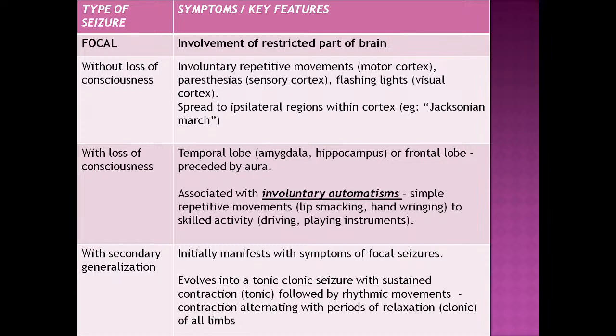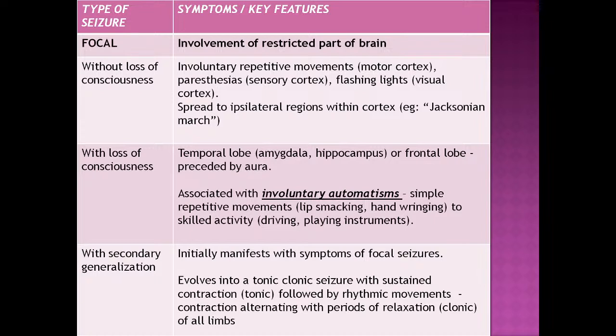If the visual cortex is involved, you may have sensations like flashing light phenomena. The person experiences as if lights are continuously flashing. So that's actually a seizure happening in the individual. If it spreads to ipsilateral regions within the cortex, same side regions within the cortex, it's like a progression of the seizure activity.